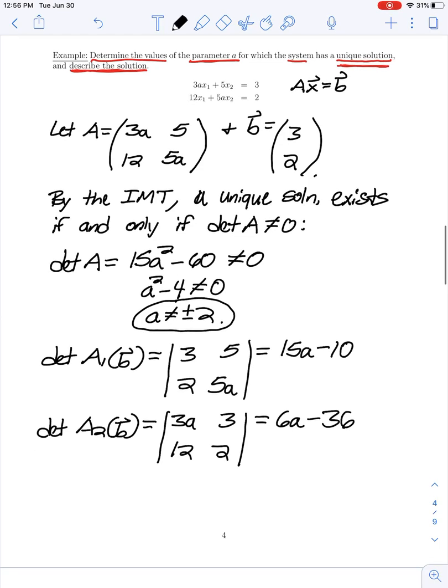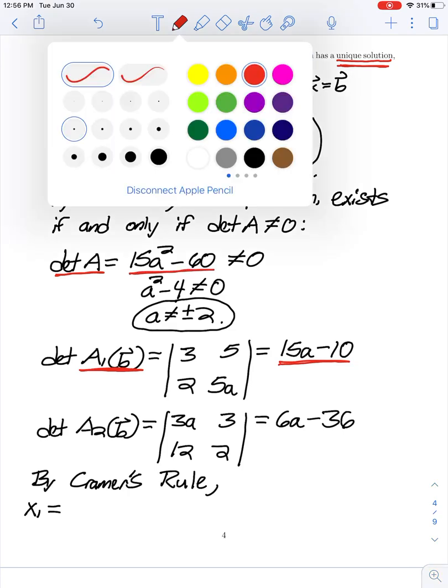Now applying Cramer's rule, we can find the elements of our solution vector, x1 and x2, by taking the ratios of these determinants. So for x1, we're looking at the determinant of A1 of B, which was 15A minus 10, divided by the determinant of A, which was 15A squared minus 60.